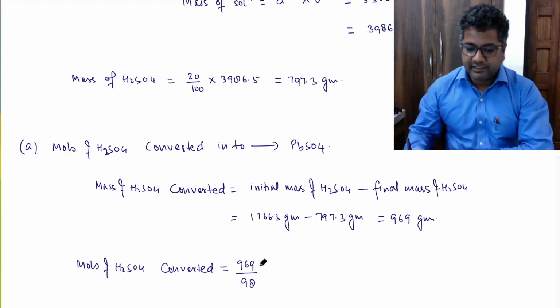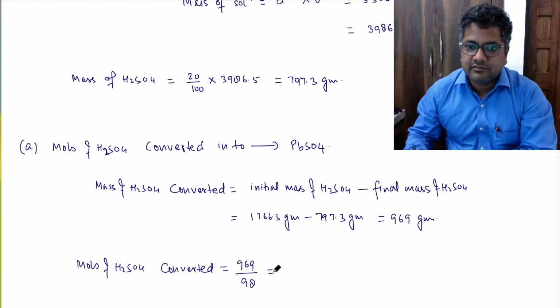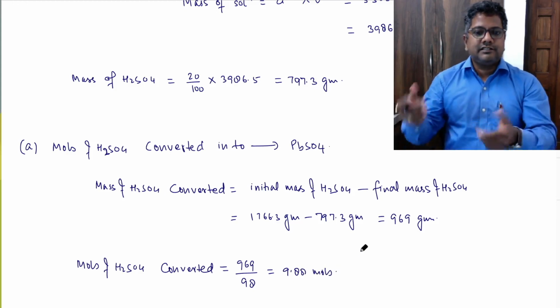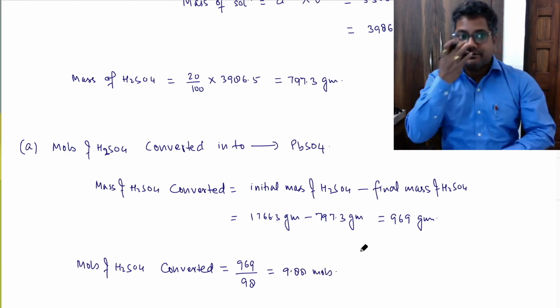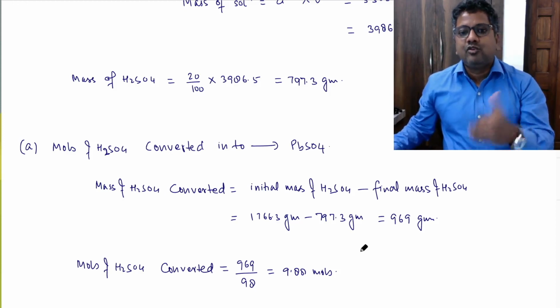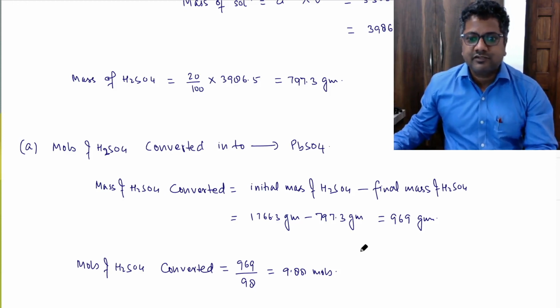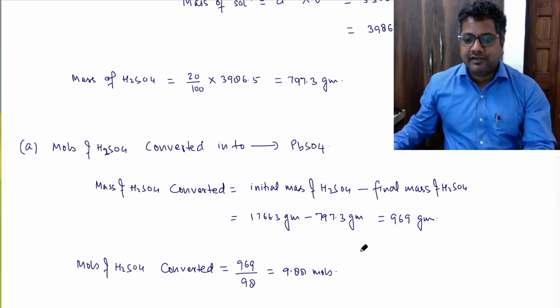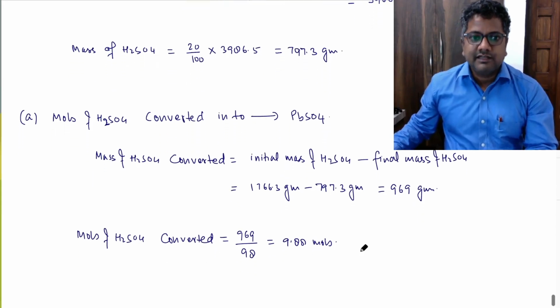So this is equal to 9.88 moles, right? And this many moles of lead sulfate are also produced. So if the question asks how many moles of lead sulfate are produced, the same 9.88 moles of lead sulfate are produced, right?